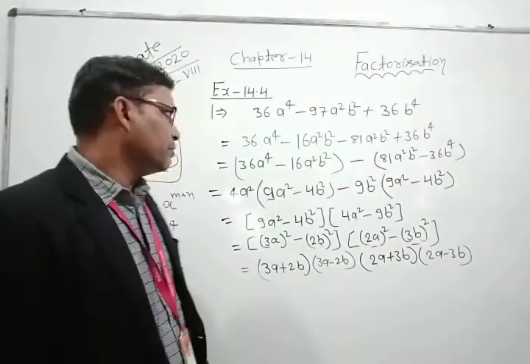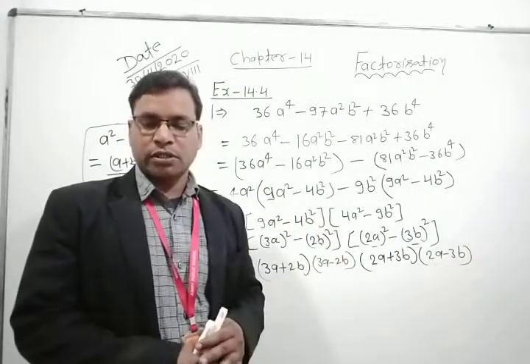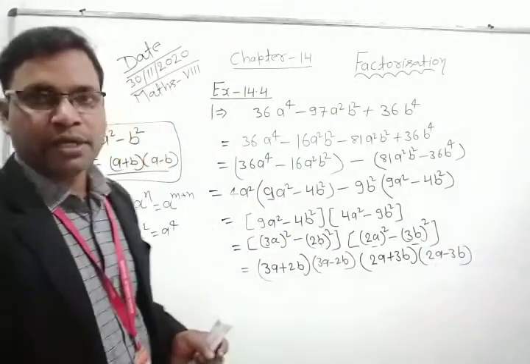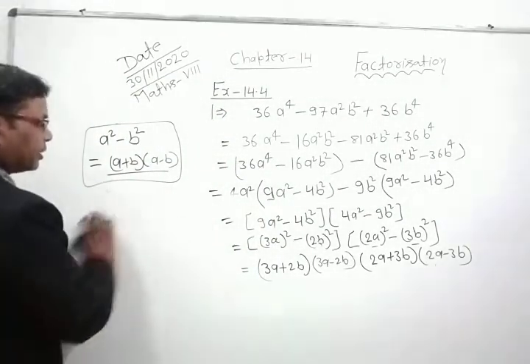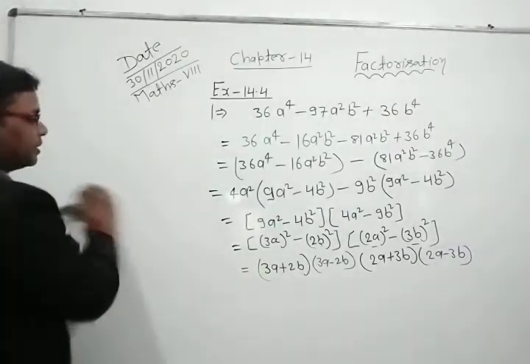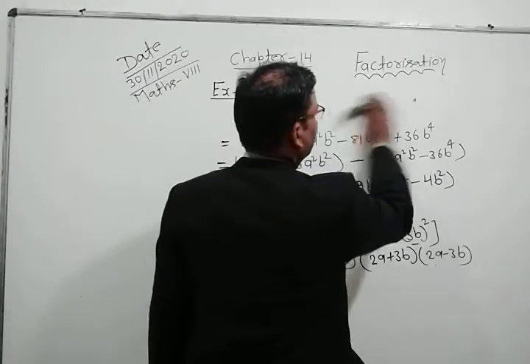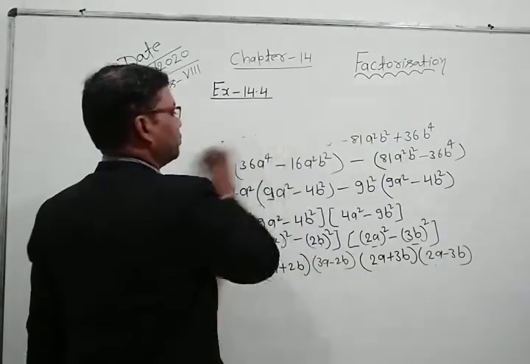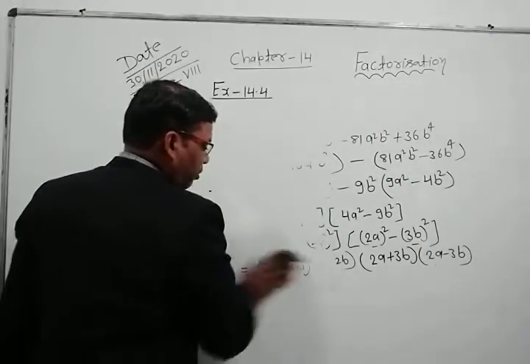Okay, now we are going to discuss the next question, question number 2. Let's see what we have in question number 2. Firstly, erase this. Okay, so students, I hope all of you are able to find the factors of such types of expressions which are given in power 4, power 2, trinomials or polynomials.